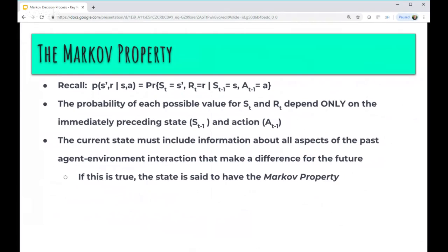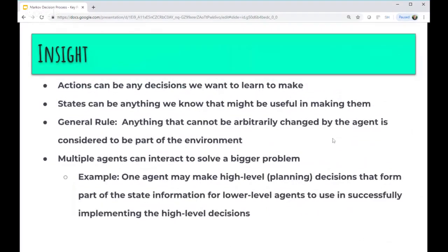So that implies that the current state has to include information about all aspects of the past interactions that the agent has had with the environment that might make a difference for evaluating what might happen in the future. And if that is the case, then the state is said to have a special property called the Markov property.